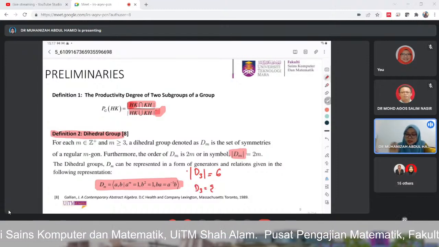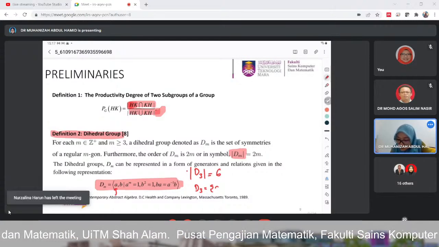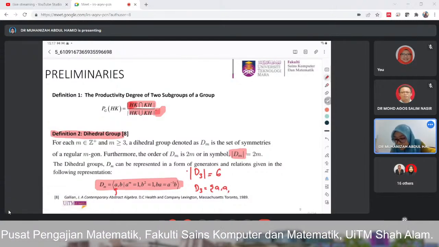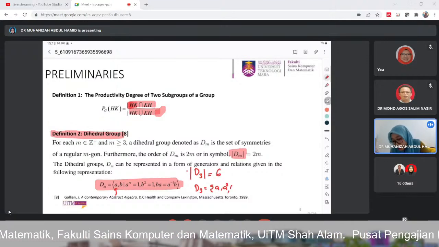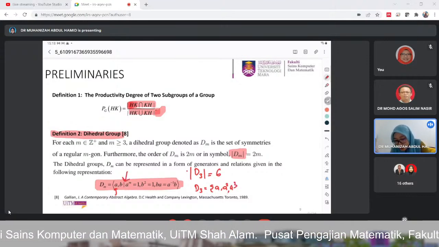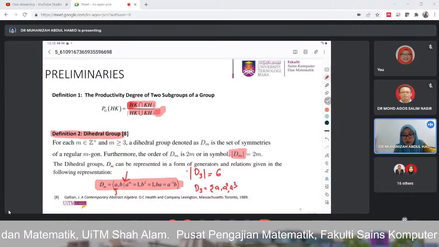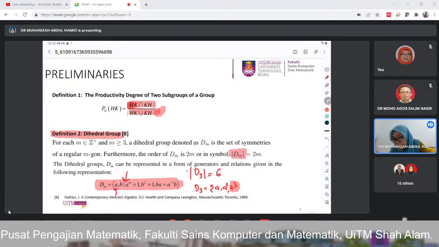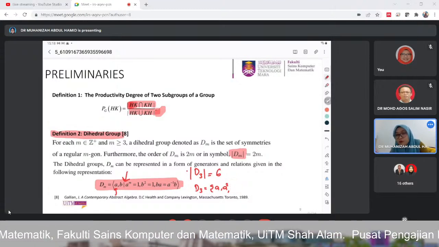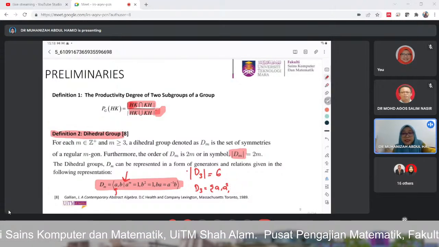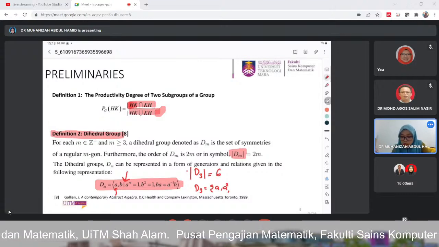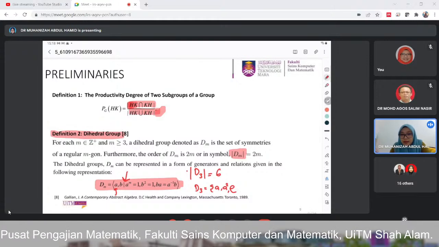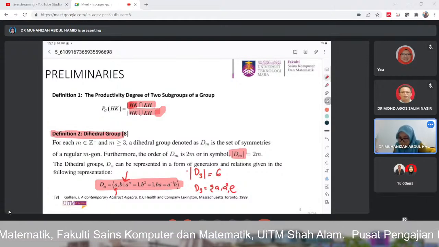We start with a here, and we multiply one more time to get a squared. And then one more time, you get a cubed. But here, since m is 3, a cubed is equal to 1. So we just replace a cubed with 1, and 1 is the identity element, which we write as e.